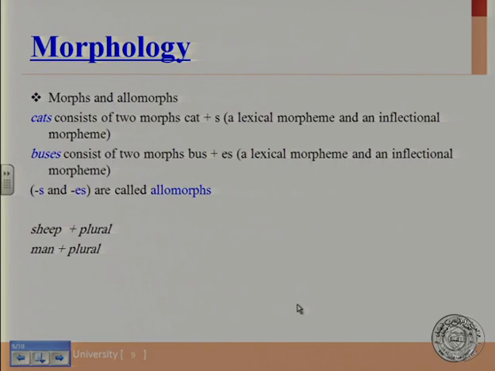But a word like, for example, city. If we add es, it becomes c-i-t-i-e-s. Cities. So, cities consist of two morphs.